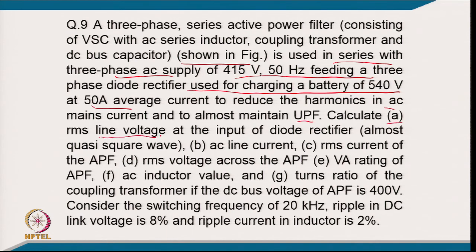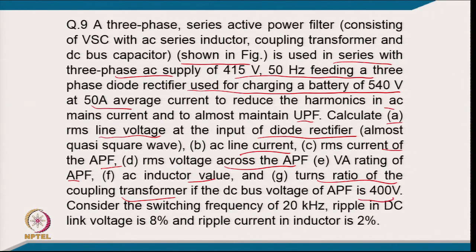Calculate the RMS line voltage at the input of the diode rectifier, which will be almost quasi square because we will be forcing all 3-phase currents to be sinusoidal AC line current, RMS current of the series active filter, RMS voltage across the active filter, VA rating of the series active filter, AC inductor value, and turns ratio of the series active filter coupling transformer used in the series active filter.